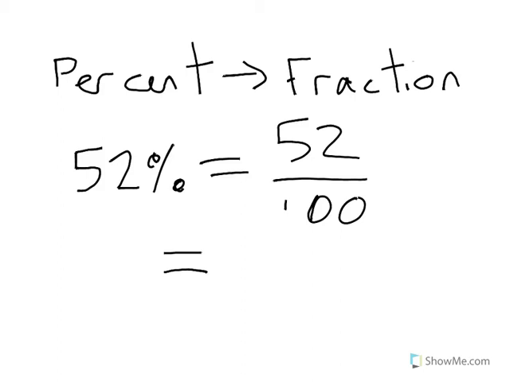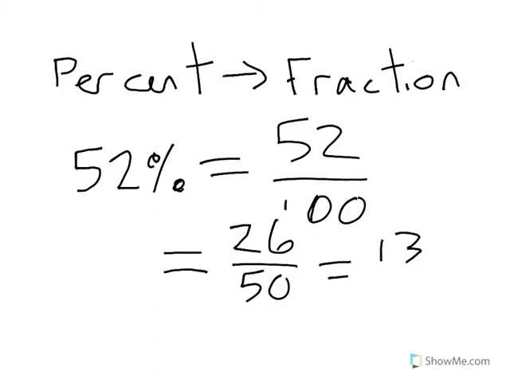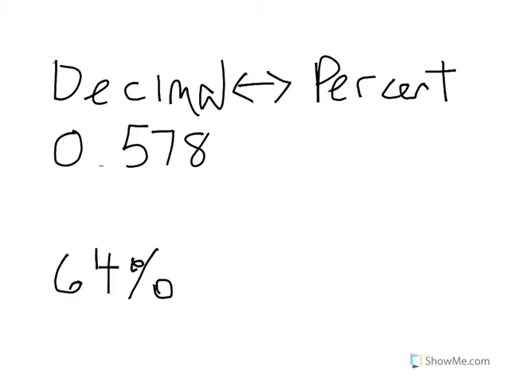So in this case, 2 goes into 52 and 100, and so that's 26 over 50. Oh, 2 goes into 26 and 50 again, so that's 13 over 25. So 52% is 13/25.